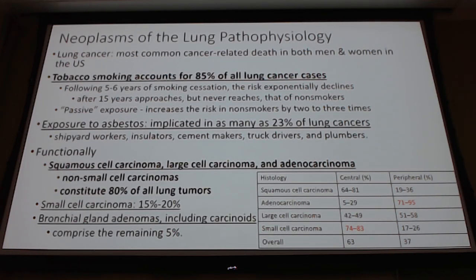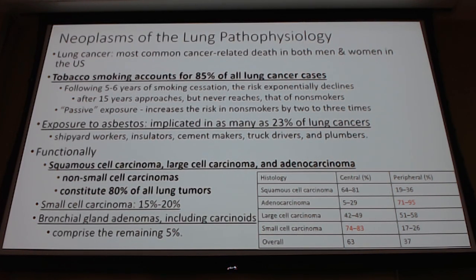All right. Lastly, we're going to talk about neoplasms of the lung. Lung cancer is one of the most common cancer-related deaths in both men and women in the U.S. 85% is caused by smoking tobacco. So don't smoke. Okay?